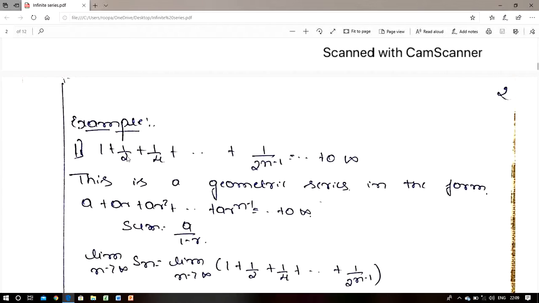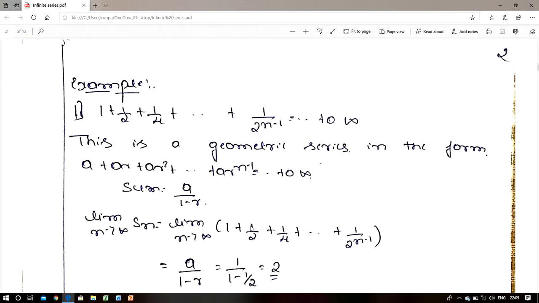Example: 1 plus 1 by 2 plus 1 by 4 up to 1 by 2 to the power of n minus 1, continuing up to infinity. First we write the nth term. Here we use the geometric series. We know the geometric series is of the form a plus ar plus ar square up to ar to the power of n minus 1, and the sum can be written as a divided by 1 minus r.